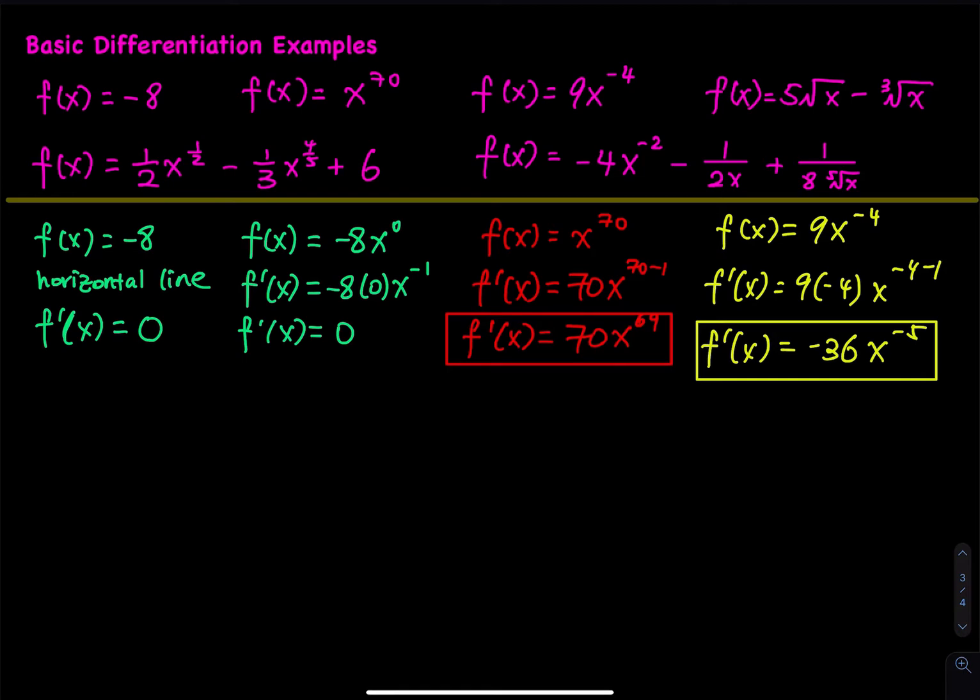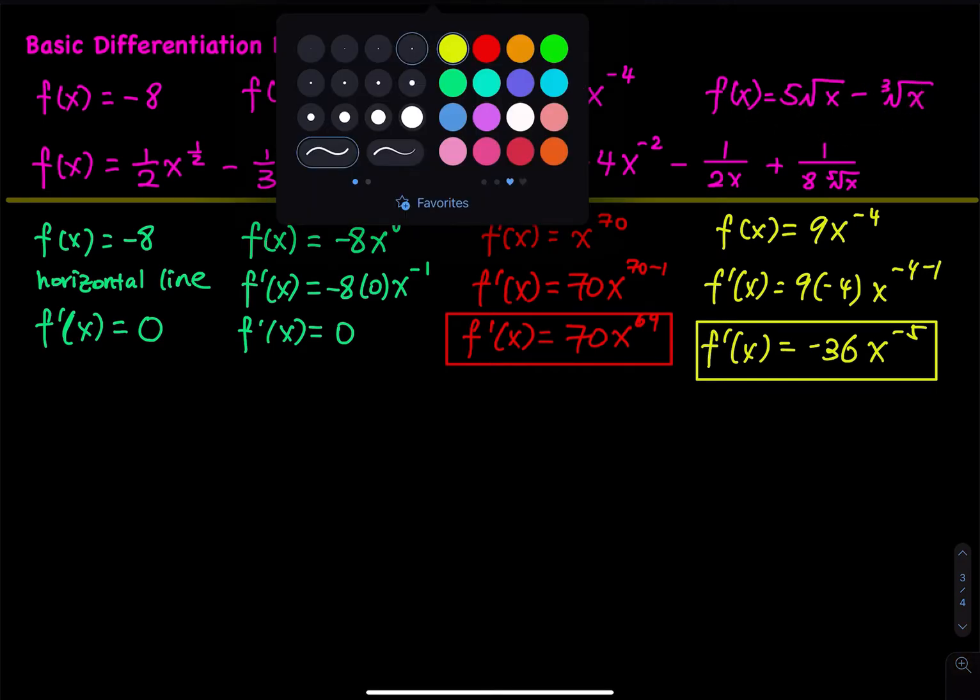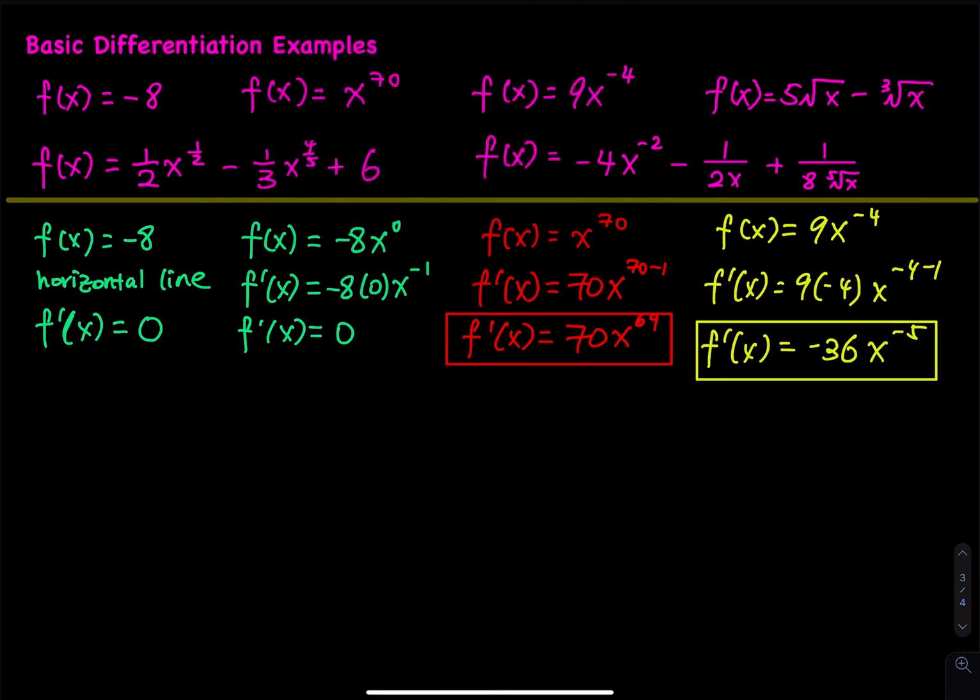And then the next one, we have the square root of x, and then the cube root of x. Let's do that one. f of x equals 5 square root of x, which means x to the 1/2, right? And then the cube root of x means x to the 1/3. Derivative, f prime.